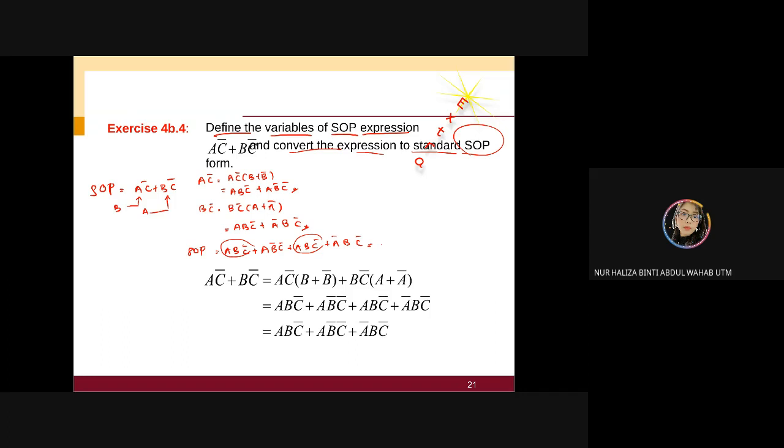So I'm going to use rules number 1. I forgot already rules number 1. So you just apply it to be A, B, C bar because it's similar, plus A, B bar, C bar, plus A bar, B, C bar. So this is your standard SOP form from your Boolean expression here.